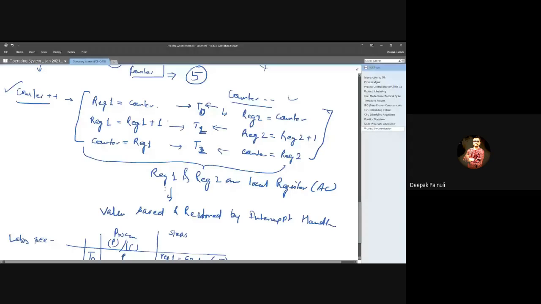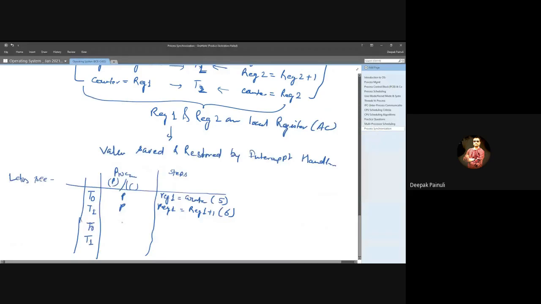Now we assume that after two transactions of the producer process, the next two transactions of the consumer will take place, T0 and T1 for the consumer process.